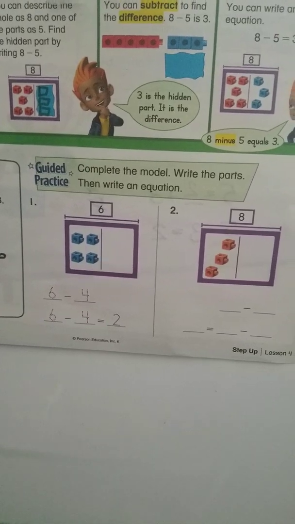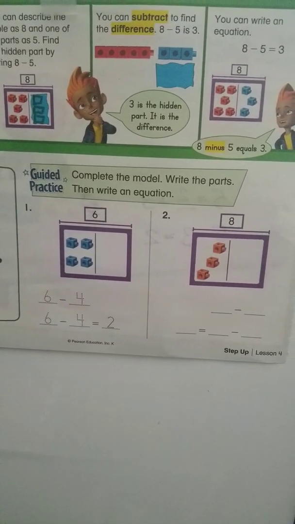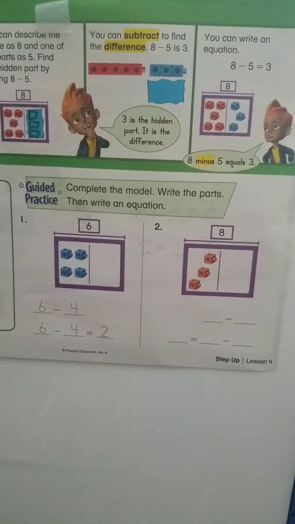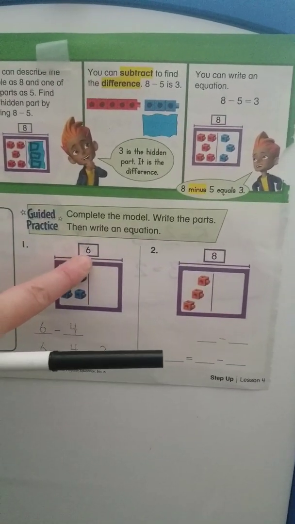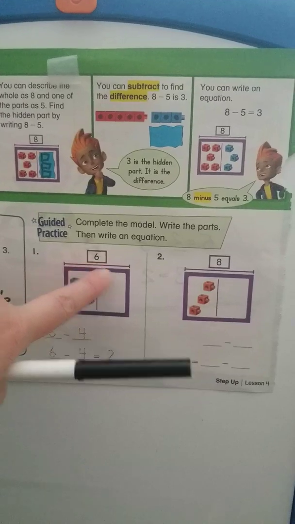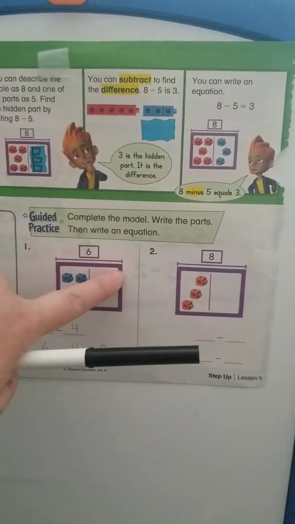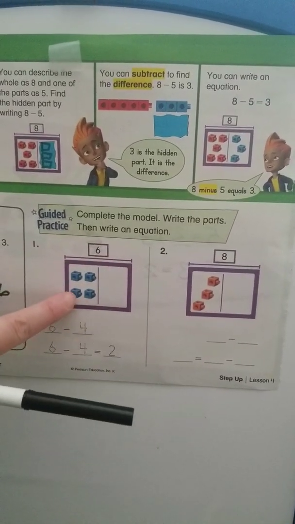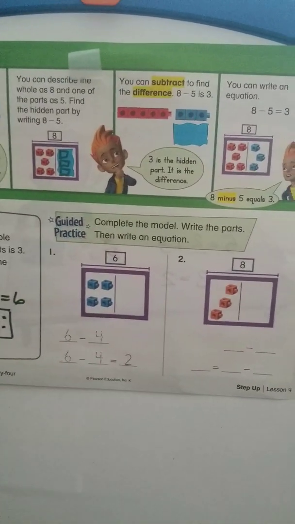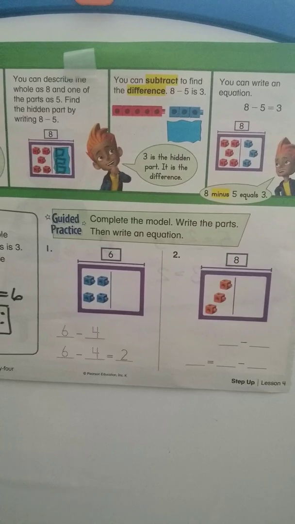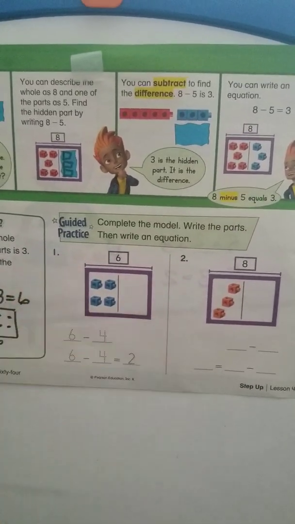Guided practice. Complete the model, write the parts, then write an equation. Okay, number 1, the whole is 6. So there are 6 all together in this purple box. One part has 1, 2, 3, 4. We can draw to add on and see how many parts are missing in this box.